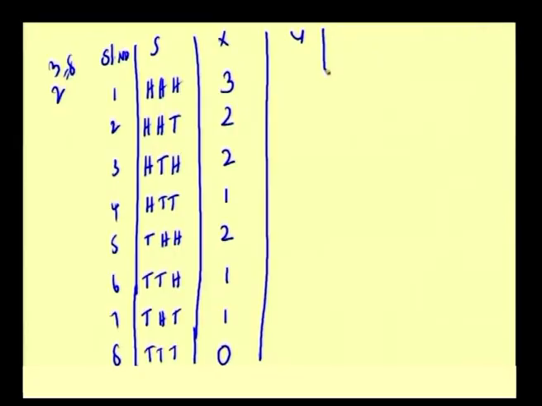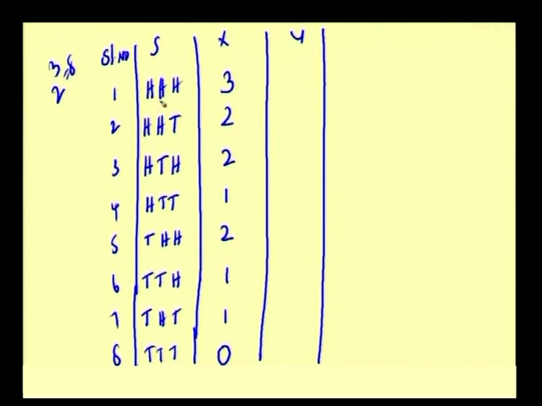Y represents the number of head runs. What is head run defined as? Head run is actually 2 consecutive heads occurring together. Here the head run is 2 consecutive heads. So only one possibility. If you take this head, you can't count it with another head here. Therefore, there is only one head run here.